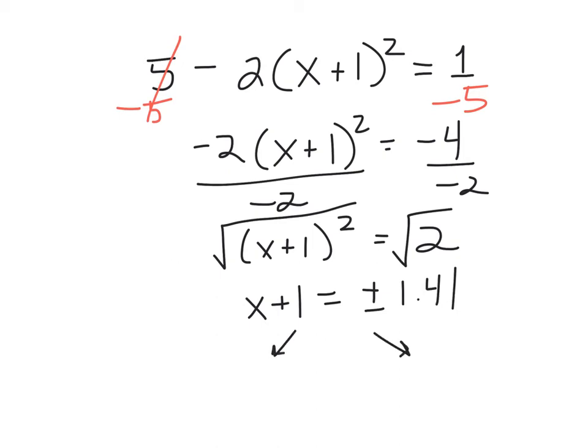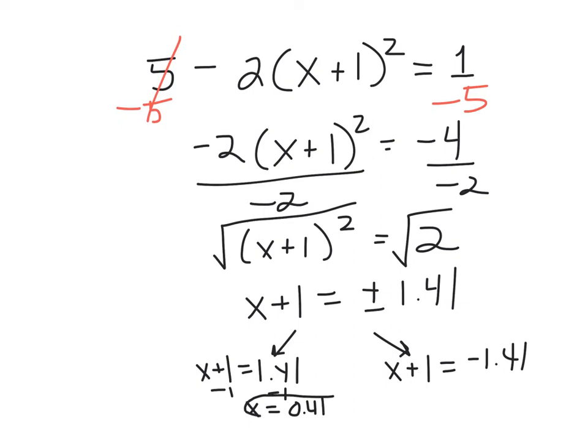Anytime we take the square root, we've got to put that plus or minus symbol there. And so that forces me to then make two equations. I'm going to subtract 1, and x is 0.41. And I'm going to subtract 1 here. x is negative 2.41. So those are my two answers.